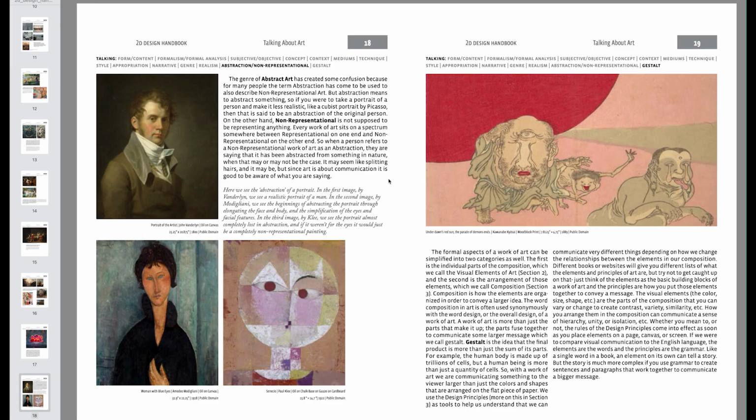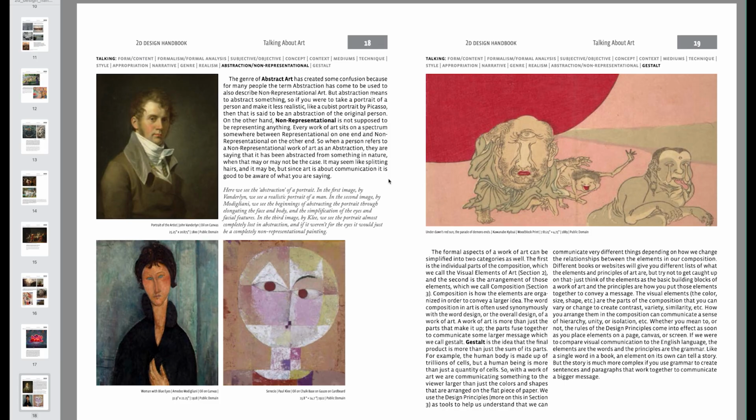The genre of abstract art has created some confusion because for many people the term abstraction has come to be used to also describe non-representational art. But abstraction means to abstract something. So if you were to take a portrait of a person and make it less realistic, like a cubist portrait by Picasso, then that is said to be an abstraction of the original person. On the other hand, non-representational is not supposed to be representing anything.